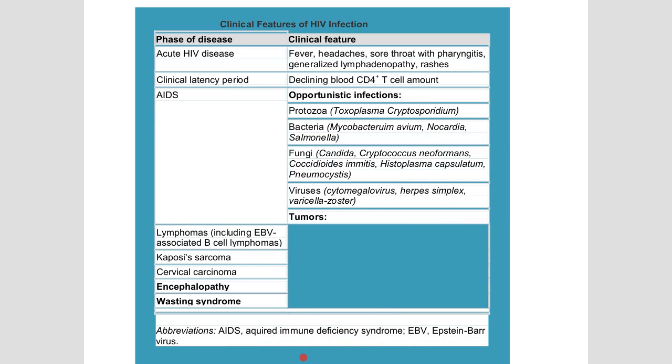As I said earlier, of all the four cell types that express CD4, why do we just look at CD4 T cells and not other cells in terms of finding out the extent of disease?